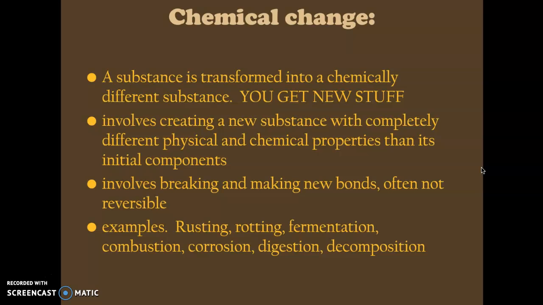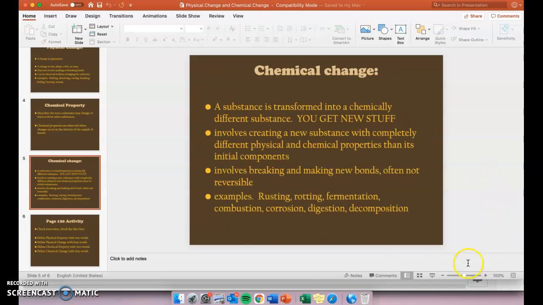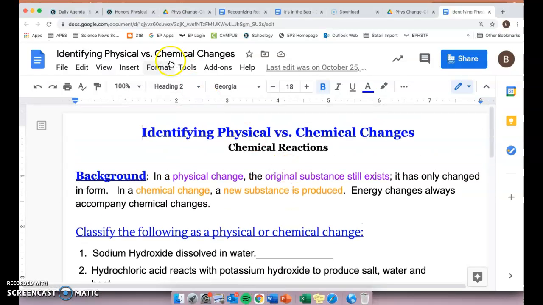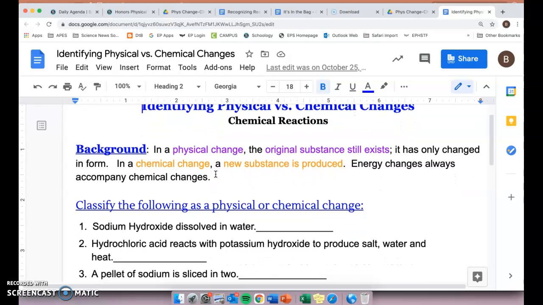What you need to do next is you need to be doing this. And this should be relatively simple. It's identifying physical versus chemical changes. So basically, what you're going to look at is each one of these is a situation. And in the situation, you have to determine whether you have a physical change or a chemical change. In a physical change, again, it's just a change in appearance.